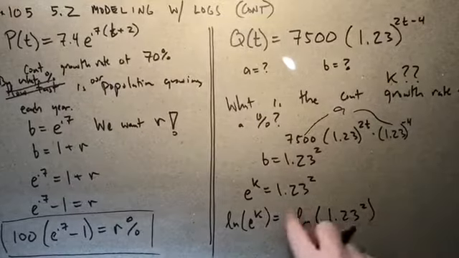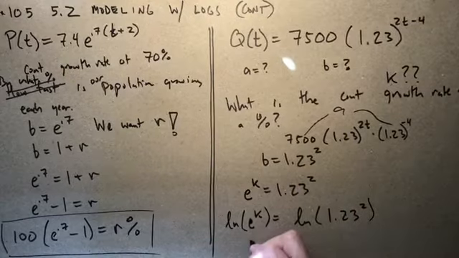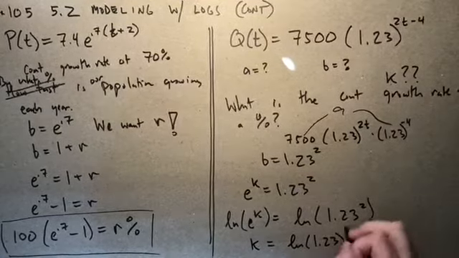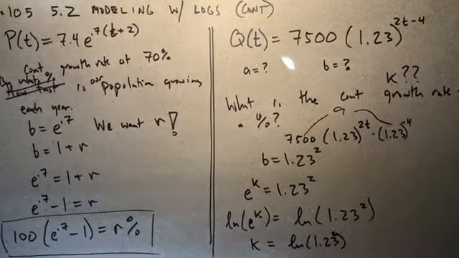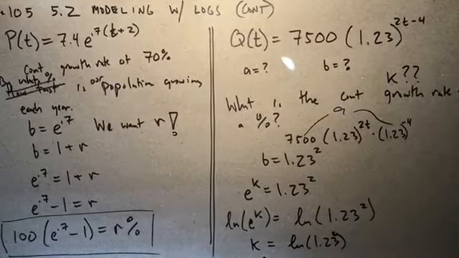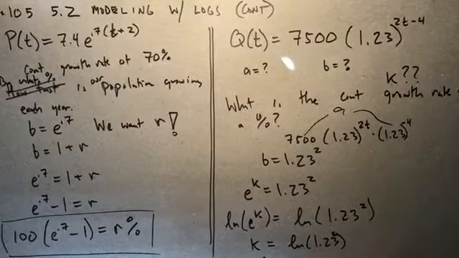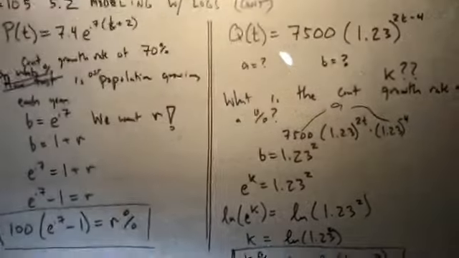Now, I know you could bring that 2 down, but I don't really care. I just want an exact answer that I can put into WeBWorK. And so k is equal to the natural log of 1.23 squared. Now, this k is not a percentage. It's a decimal. So we're going to multiply by 100. So k as a percent is equal to 100 natural log 1.23 squared. And once again, we are out.